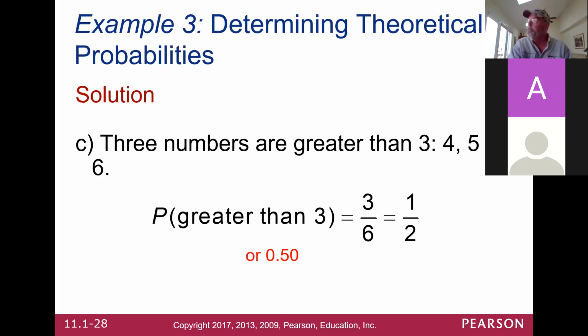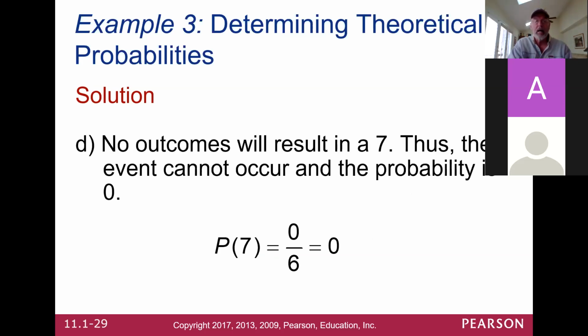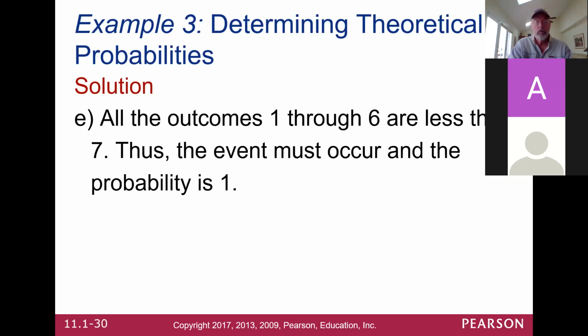How about a number that is less than 7? What is the probability of that? 100%. Okay, so the probability would be 1, right?